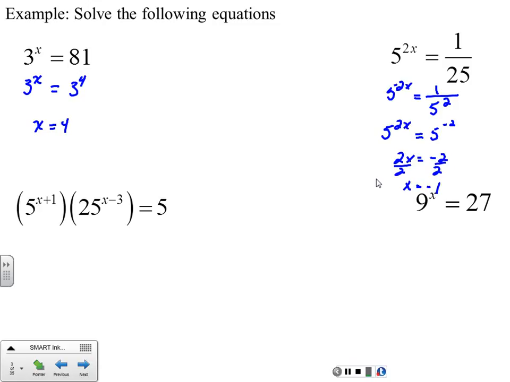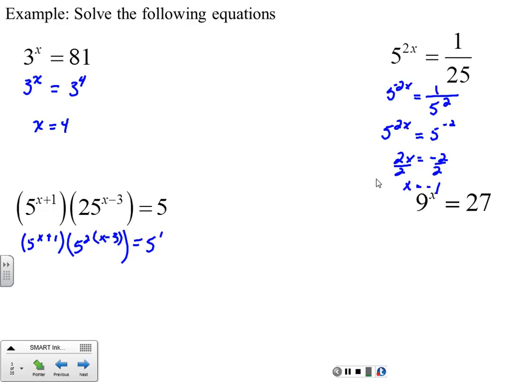What's the base going to be all the way across? Yeah. So this first power is good. This power, though, 25 is going to turn into what? Right. And then this one's good, of course.